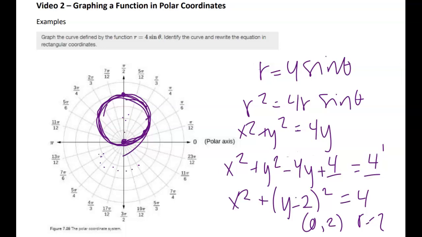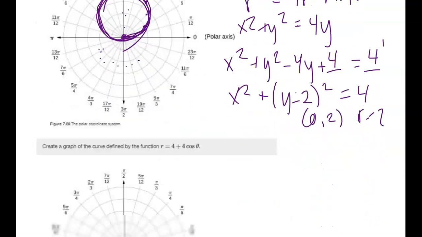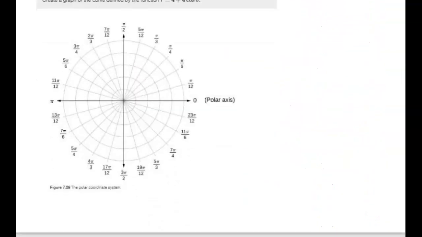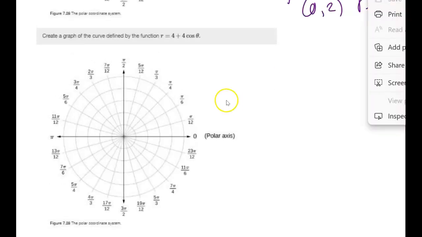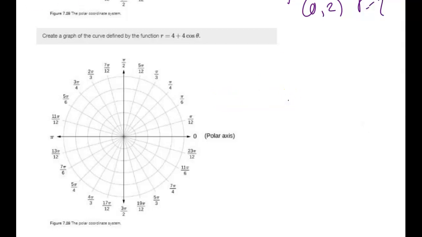All right, let's do another one here in this video. So we are going to look at the graph of 4 plus 4 cosine theta. All right, so again, we're going to start with theta and r.